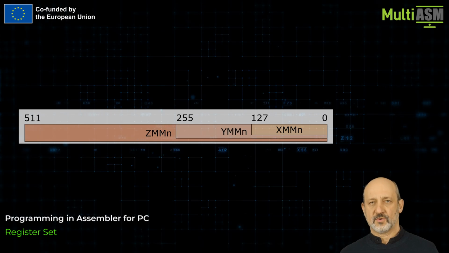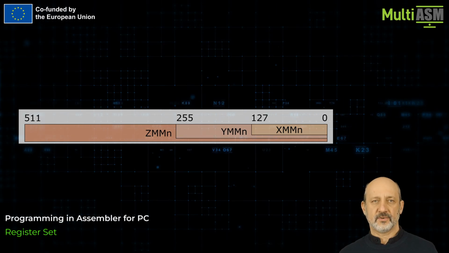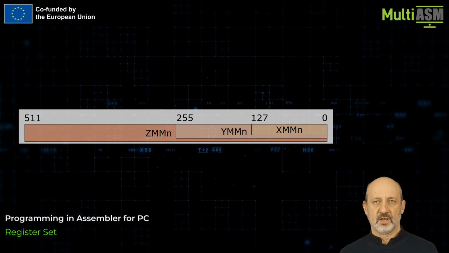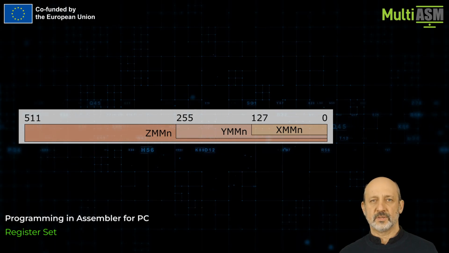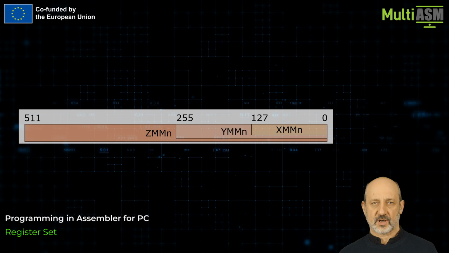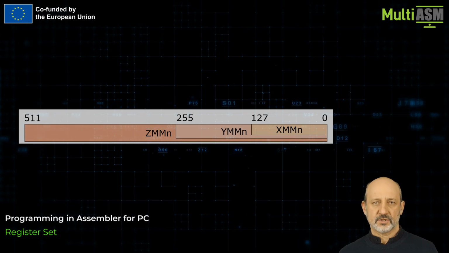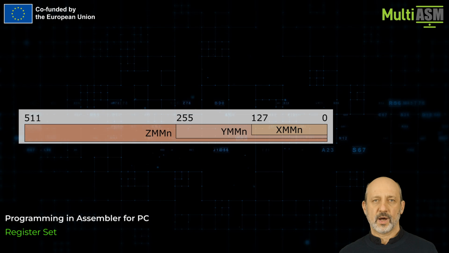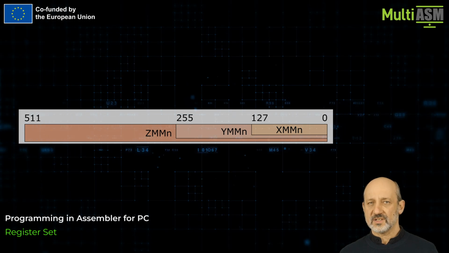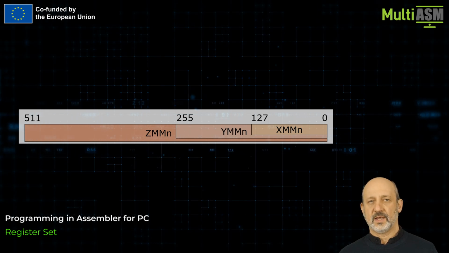The YMM registers are the 256-bit extension to the XMM registers. They are introduced to implement the AVX set of instructions. Additionally, in 64-bit processors, the number of available YMM registers was increased to 16.